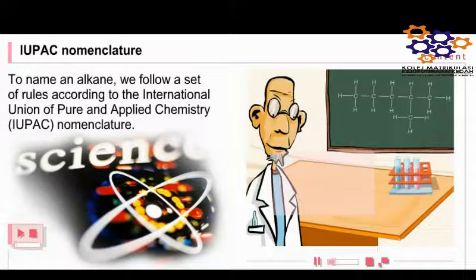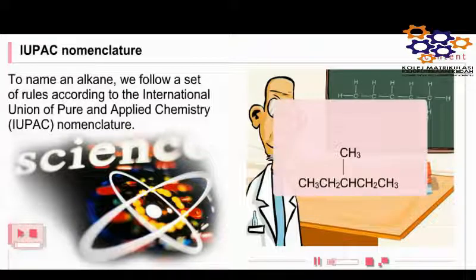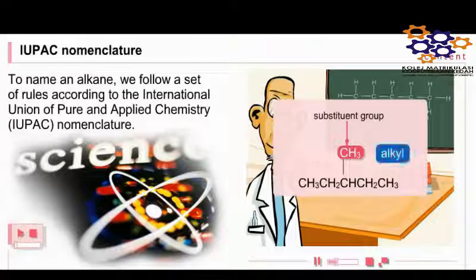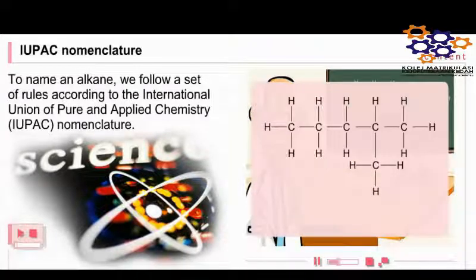Second rule: for branched-chain alkanes, name each branch, which is called a substituent. The substituent group formed when a hydrogen atom is removed from an alkane is called an alkyl group. Note that alkyl groups are named by dropping the ending -ane from the name of the parent alkane and replacing it with the suffix -yl. Knowing the names of the alkyl groups, state the name of the alkane that indicates the longest straight chain of carbons.